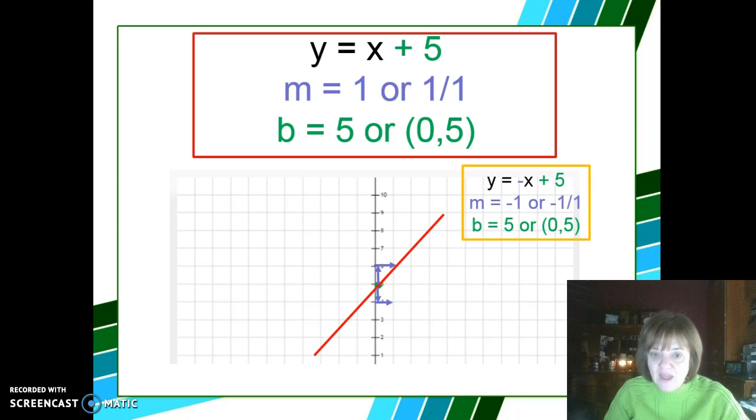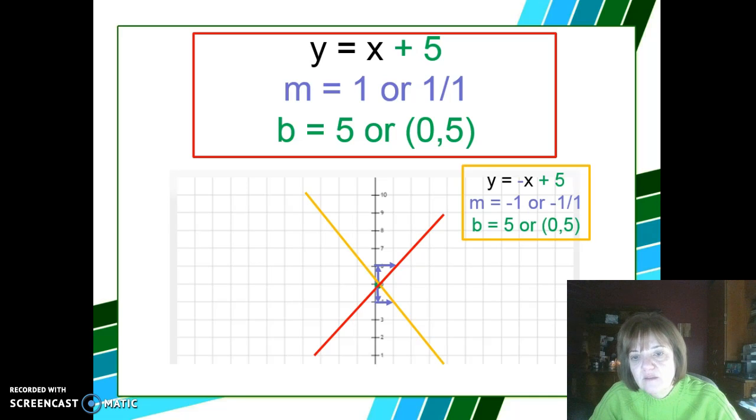And now we graph that line, and look what happens. Going through the exact same spot, and yet it's going the other way. Now, if you could actually get out a protractor and measure between those lines, you would find out it's a 90-degree angle they're causing. They are completely, what's the word?